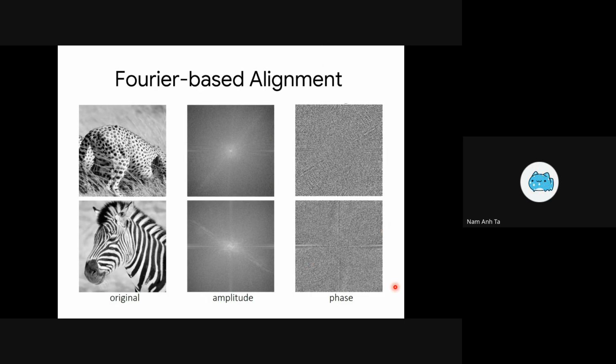This preserves the spatial structures of the image. It carries the where and what of the image structures. So the key point here is that the phase information is much more critical for image reconstruction and structural integrity. So we will prioritize the phase information when performing image alignment. We need to focus on the phase, not the amplitude.